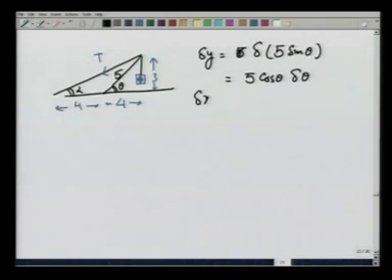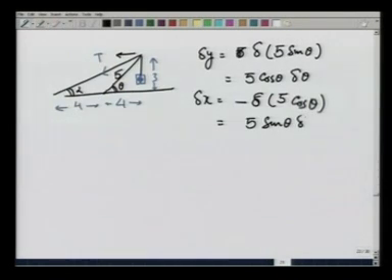Similarly, delta x is in the negative direction, x is going to decrease. So, I am going to write this as negative, or just keep in mind it is to the left. It is going to be delta of 5 cosine theta, which is 5 sine theta delta theta, towards the left.